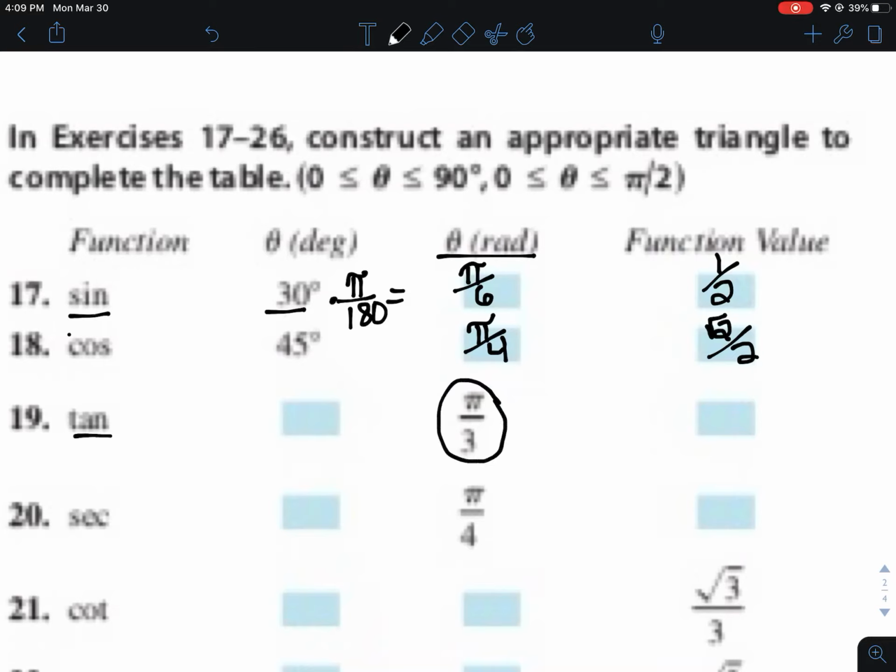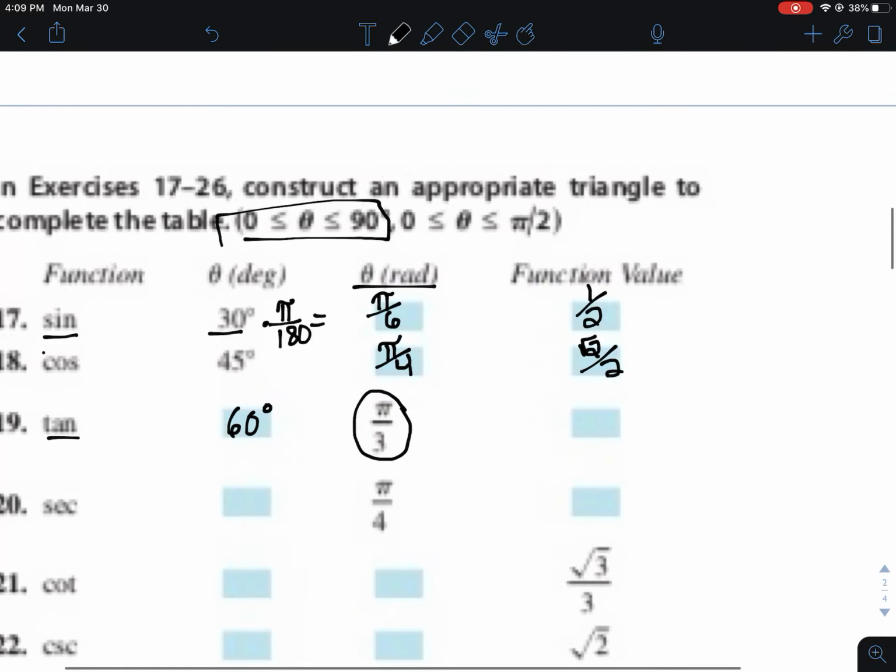This time they gave me the radian, so pi over 3. We know pi over 3 is 60 degrees. And I should mention they're telling you to keep all your angles between 0 and 90, so we're just sticking to first quadrant values. And remember, tangent we find by doing sine over cosine. And I'm going to let you guys figure this one out. I'm not going to do them all for you.